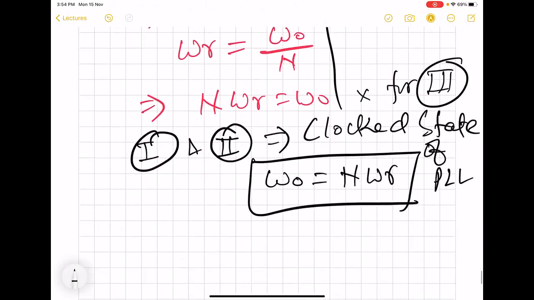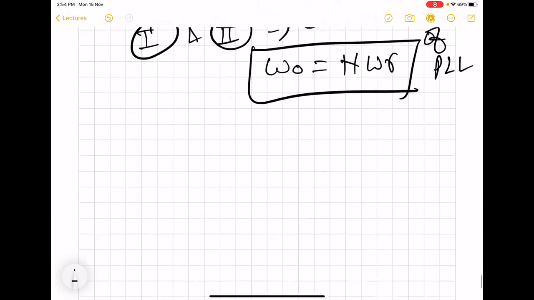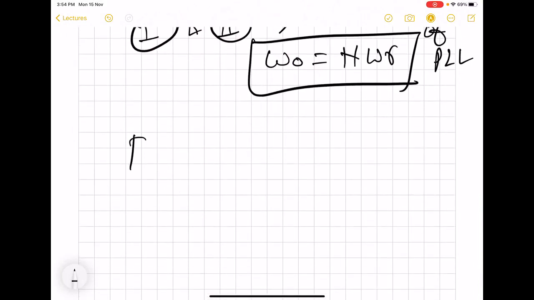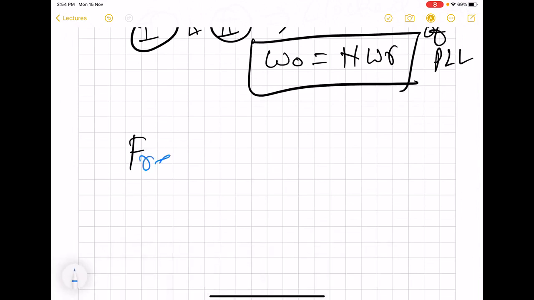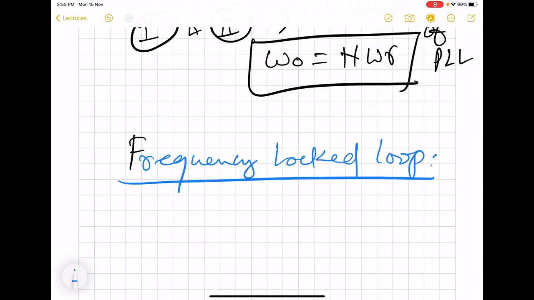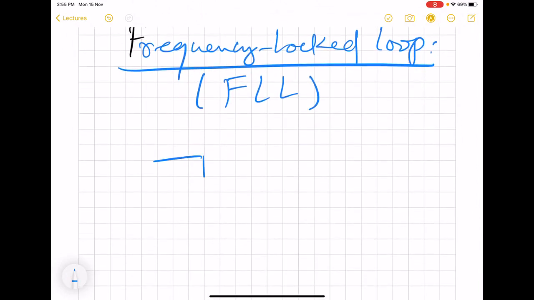So now the question comes: since we wanted the relation between frequencies, why not set up a loop called a frequency locked loop? So let us see how this loop is going to work, and what will be the output. So we are now studying the FLL.